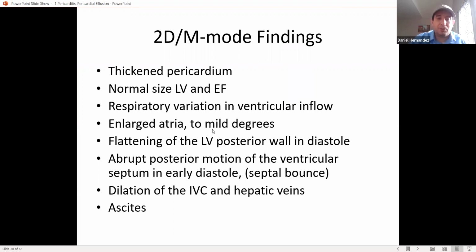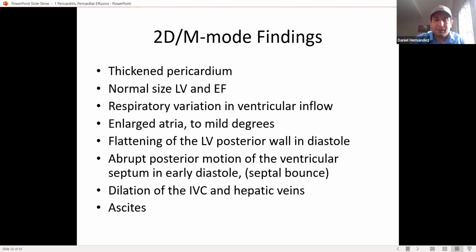We may also see enlarged atria, but to a milder degree compared to patients that have restrictive cardiomyopathy. We may see some flattening of the left ventricular posterior wall during diastole. We may see abrupt posterior motion of the ventricular septum during early diastole. This is called a septal bounce.